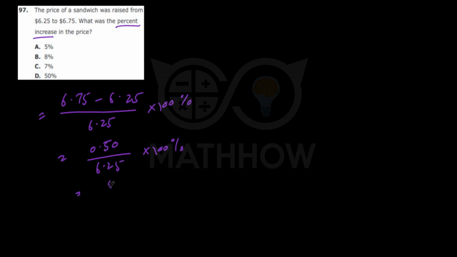Converting the decimals into fractions, this will be 50 over 100 all divided by 625 over 100. 100 will cancel out with 100.